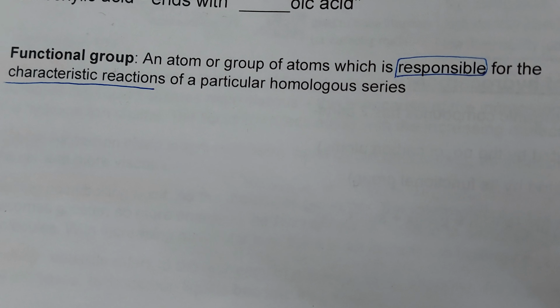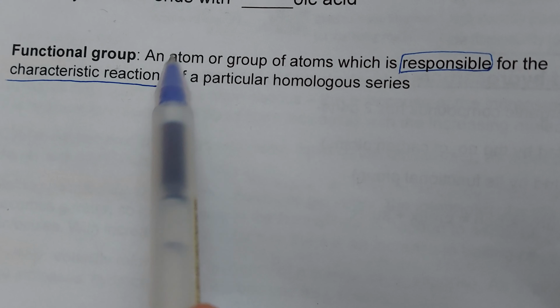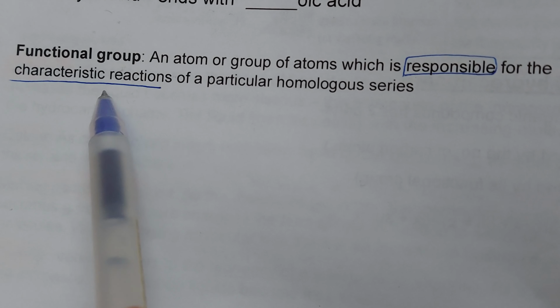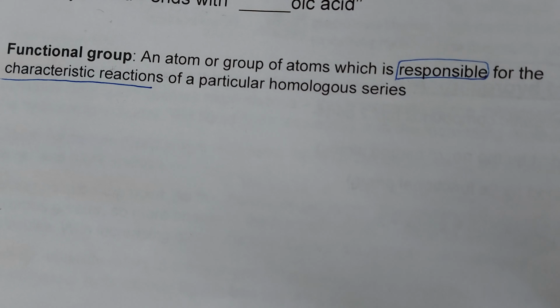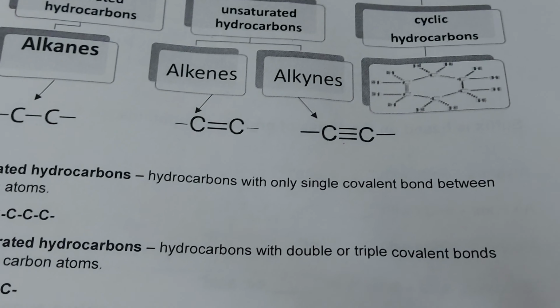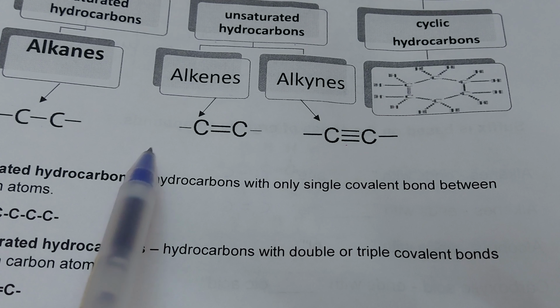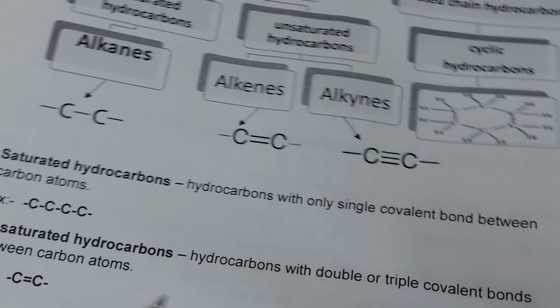The next thing you need to know is a functional group. A functional group is an atom or group of atoms which is responsible for the characteristic reactions of a particular homologous series. What that basically means is that a functional group is a characteristic of a compound that makes it unique or different from other compounds.